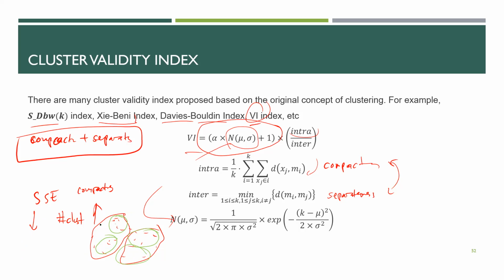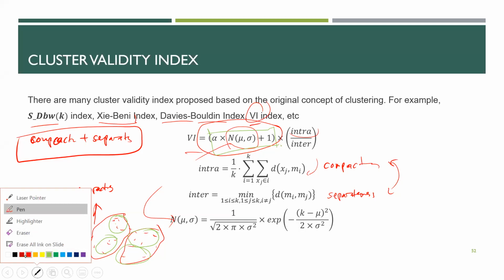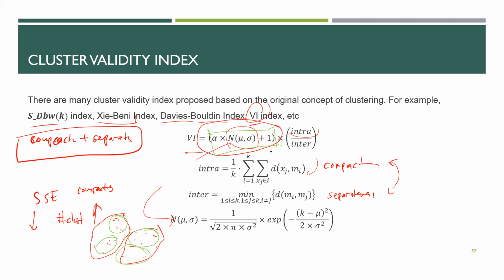That's why in VI they put one multiplication factor here, to make sure the number of clusters is not too many, so we can get a balance between the number of clusters and SSE. Of course, here they also consider the separateness. So this is the basic idea of how people usually propose a cluster validation index.